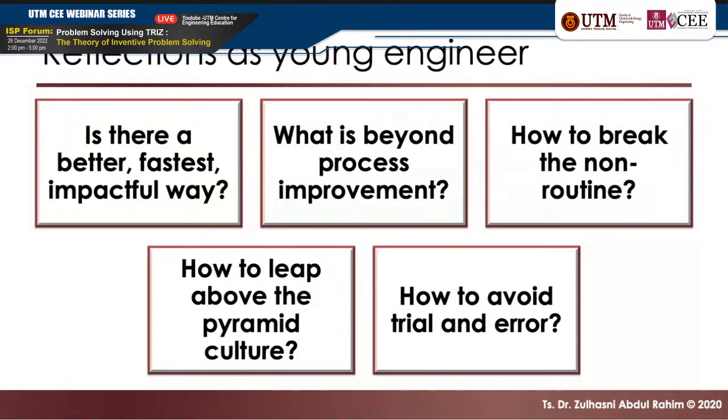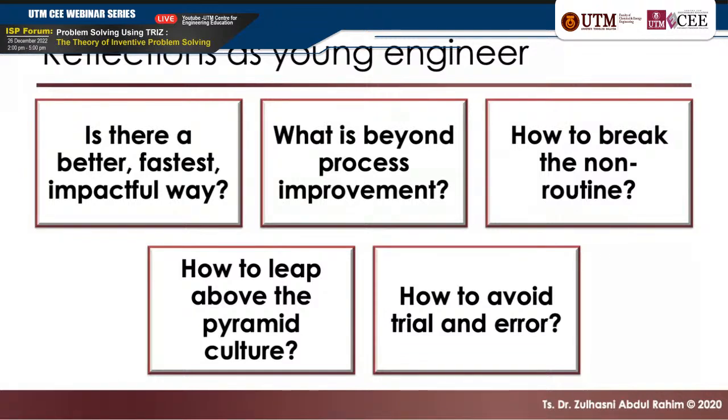The next question is, what is beyond process improvement? As far as we know, a lot of what we call problems can be resolved using the tools. But what's next? What actually happens after you achieve the level of improvement? Do you stop or do you move on to a different level?